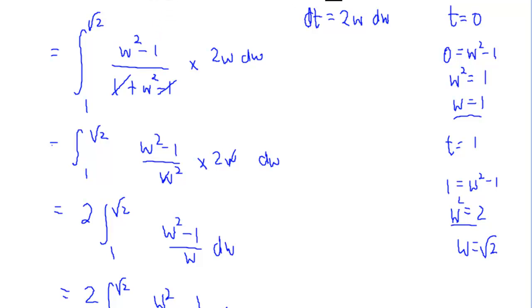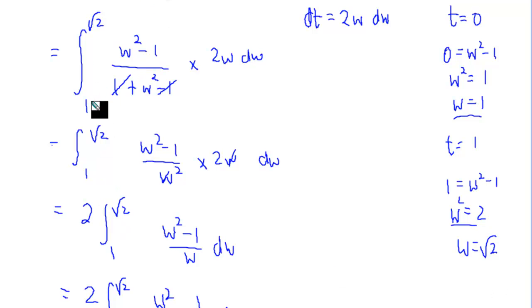We've got t is equal to w squared minus 1, so dt gives us 2w dw, so we're able to substitute in dt there. We've got t, so we're going to put the w squared minus 1 in there, and 1 plus t will give us 1 plus w squared minus 1. Again, we put our two limits of integration. t is equal to 0, w is 1. t is equal to 1, we get w is equal to root 2.